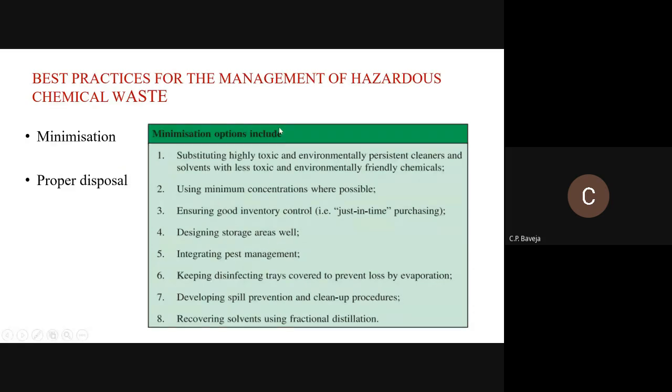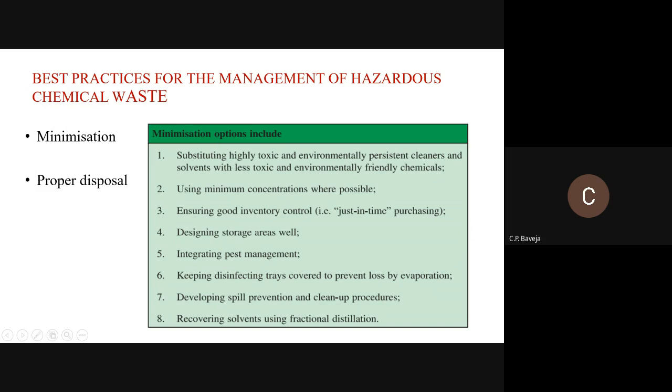Then best practices for management of hazardous chemical waste. What are the best practices? The best practice is to minimize use of these disinfectants, and proper disposal should be there. What are the minimization options? How to minimize it?